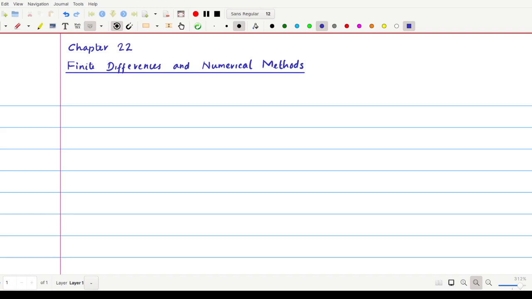We start with 22.1. In this section, we introduce a new operator called the forward difference operator, delta.